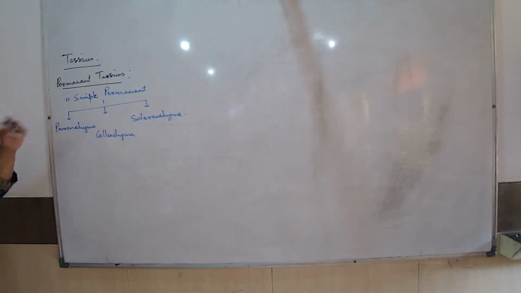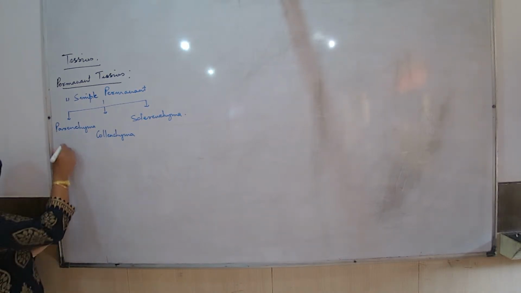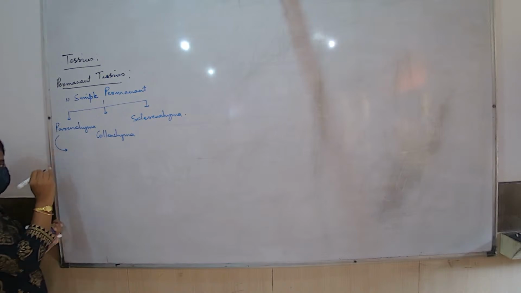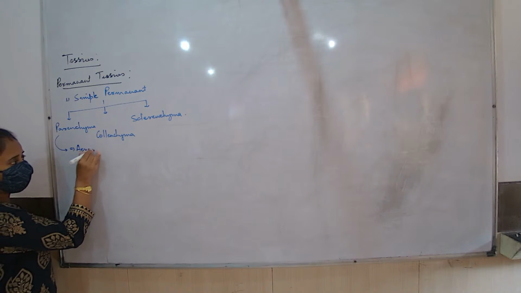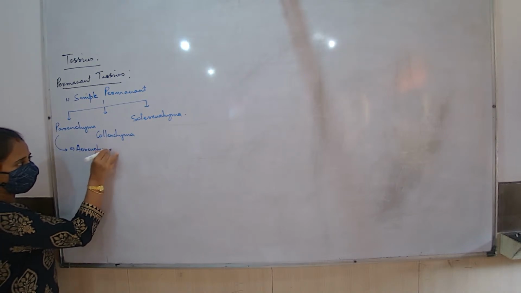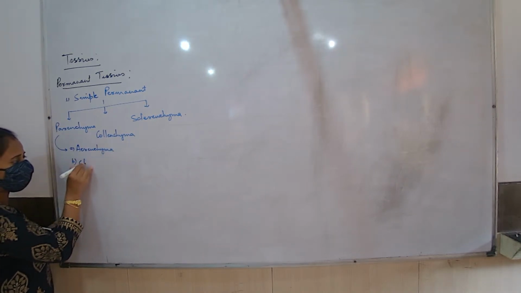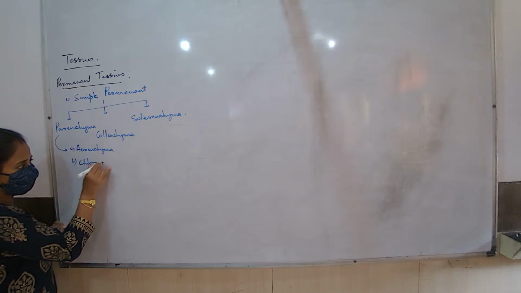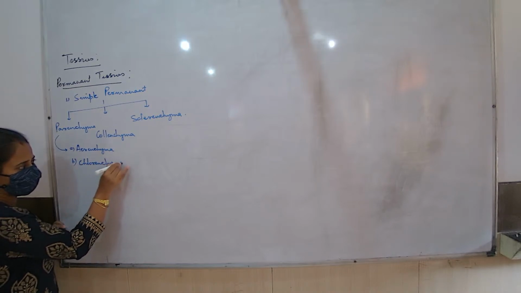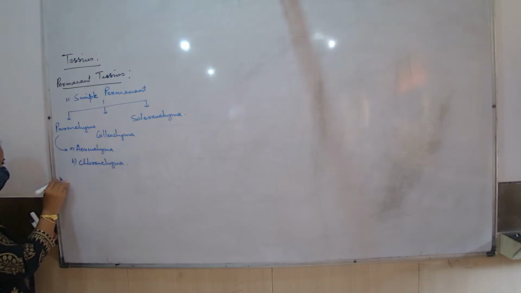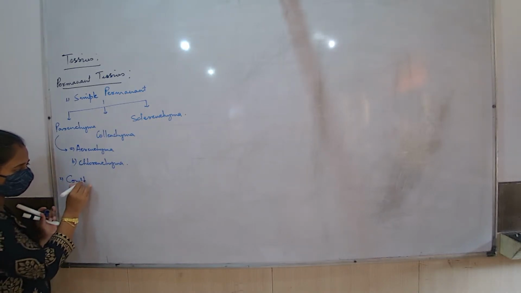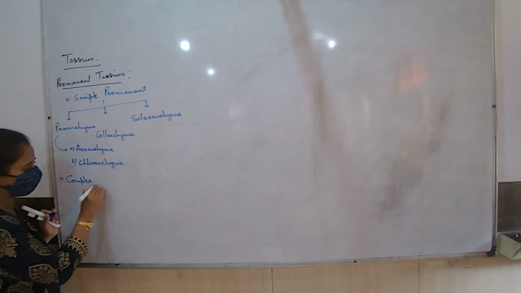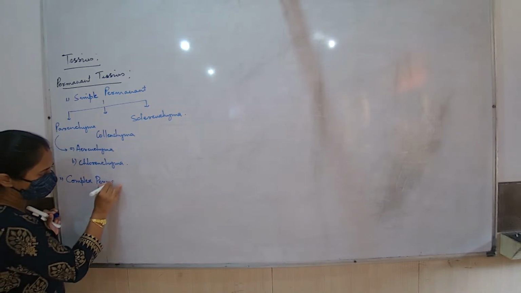But I said these are simple permanent. We'll learn why they are called as such. The second type of tissues we'll try to understand would be complex permanent, also known as compound permanent.